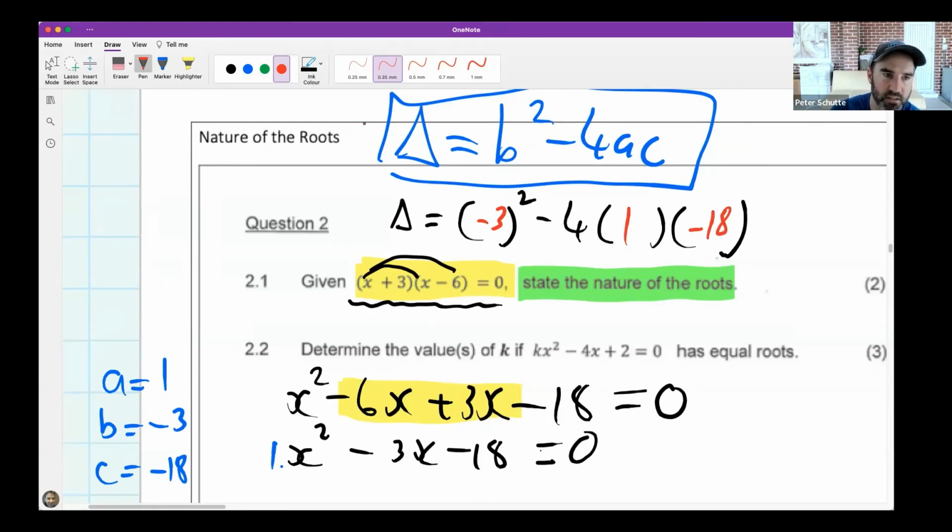What is my delta value going to be? Now remember, delta is this little thing inside the quadratic formula. Okay, so I see some answers coming in.